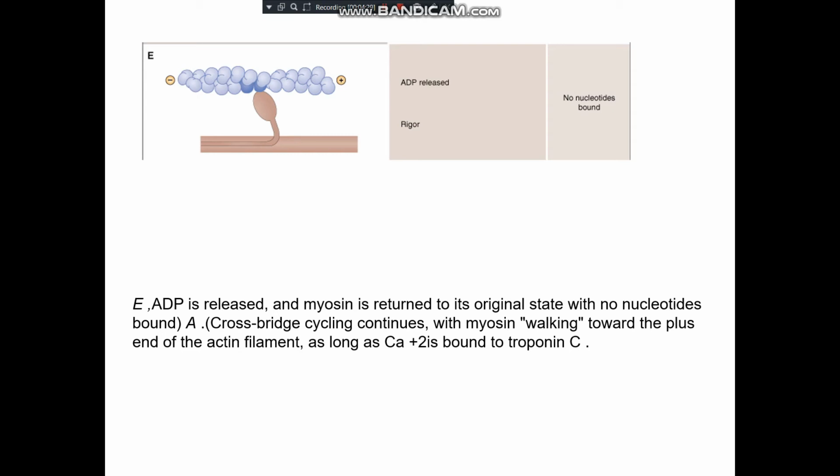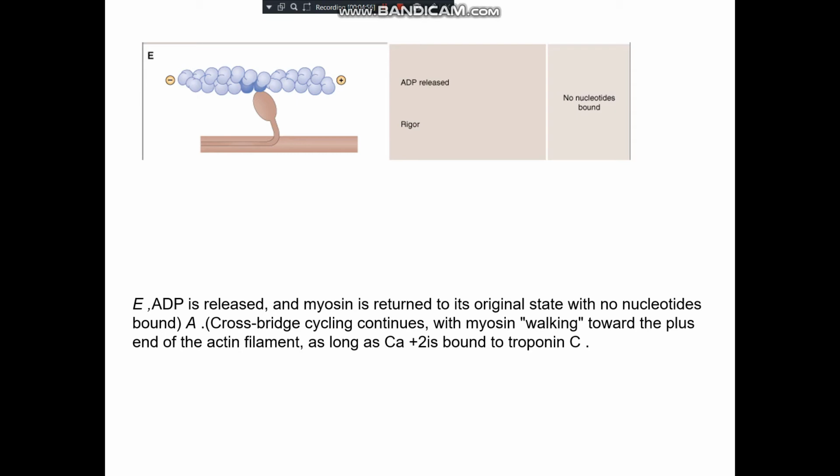Again the ATP is hydrolyzed to ADP and phosphate, and this ADP is released and myosin returns to the original state. But the cross bridge cycling continues with the myosin toward the plus end of the actin filament.